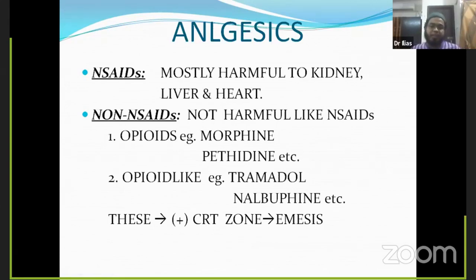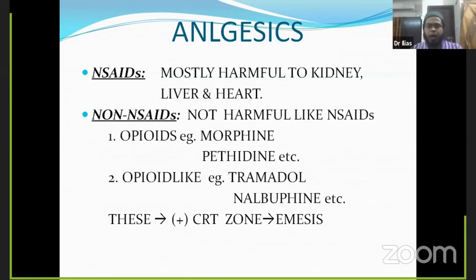Mostly we prescribe NSAIDs, flatly speaking. Whenever a patient comes to us, we try to prescribe NSAIDs mostly, because they are very easily available drugs, and other than having kidney problems, liver or heart problems or gastritis, there is less chance of other side effects.